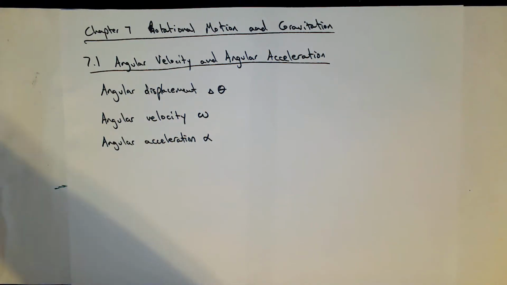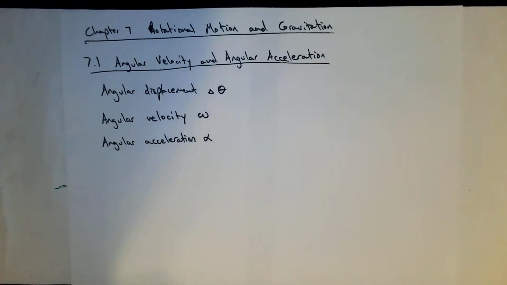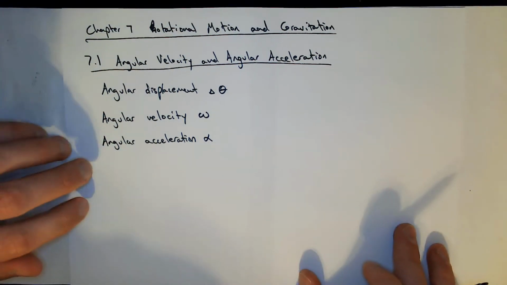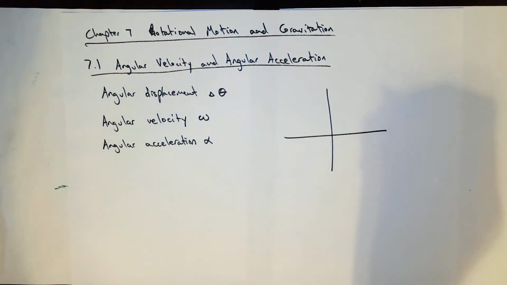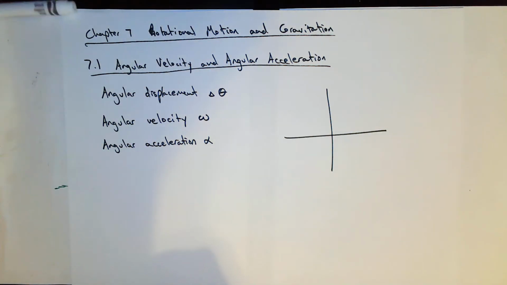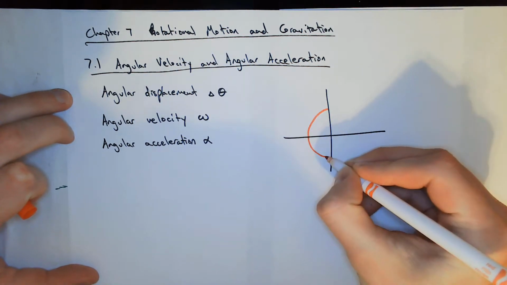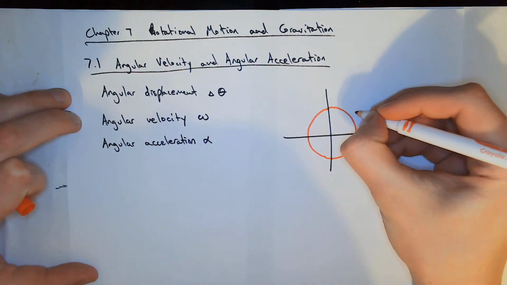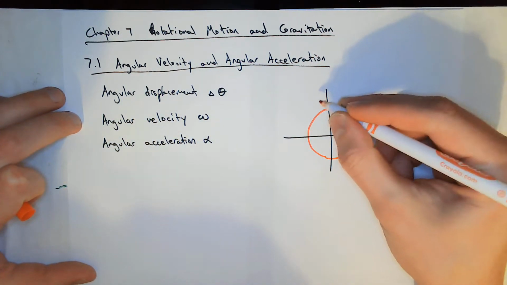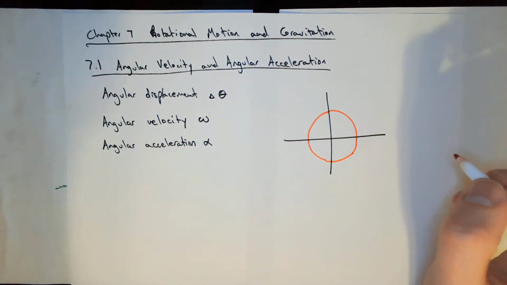Okay. So let's look at a picture for what these things are, or at least definitely for angular displacement. Let's consider some disk centered at the origin for convenience. And let's say it's spinning anti-clockwise, or counterclockwise, around the origin.